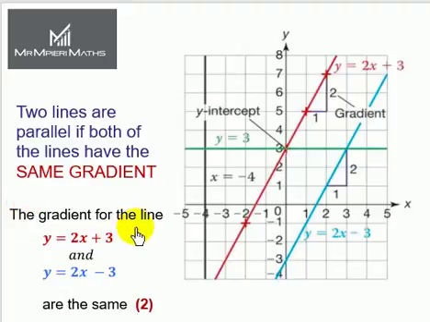The gradient for the lines y equals 2x plus 3 and y equals 2x minus 3 is 2 for both. If you see this condition met, where the gradients are the same, those lines are parallel.